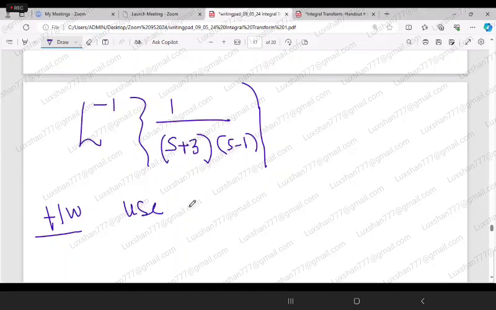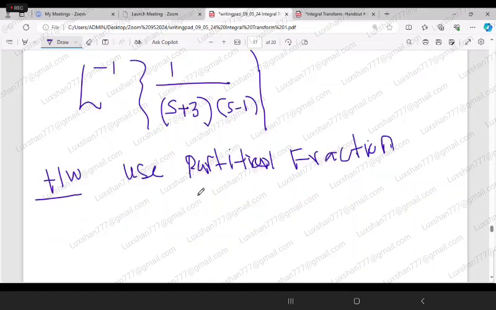Do the partial fraction with the ordinary method and find the answer of this one. Please try this before the next class. Next class I will ask one of you to do this using the partial fraction. So use partial fraction and get the answer.